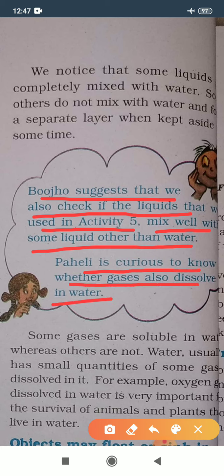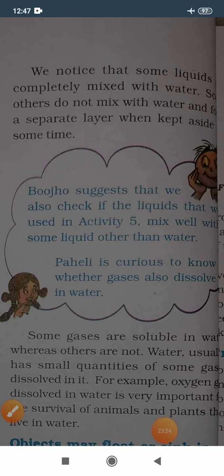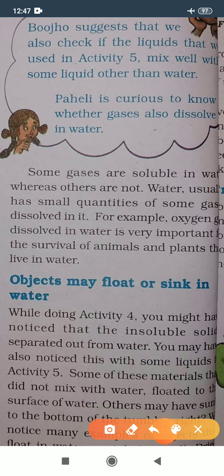So we experimented with solids, with liquids, and now we are going to do these experiments with gases to see whether gases mix with water or not. Let's see. Some gases are soluble in water whereas others are not.